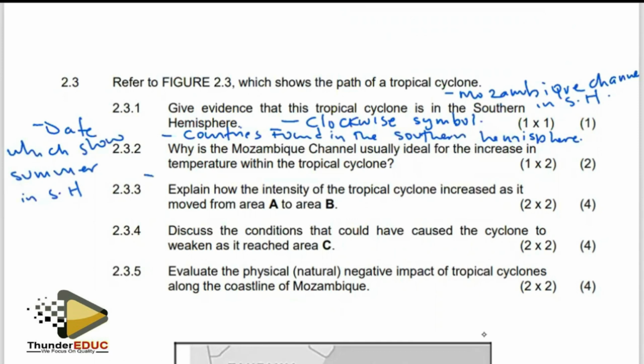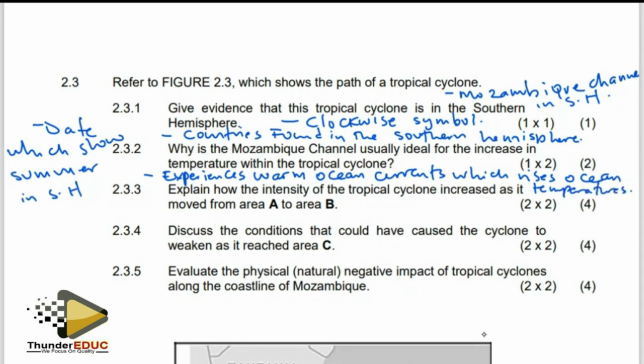So consider the Mozambique Channel experiences warm ocean currents which raise the ocean temperatures.